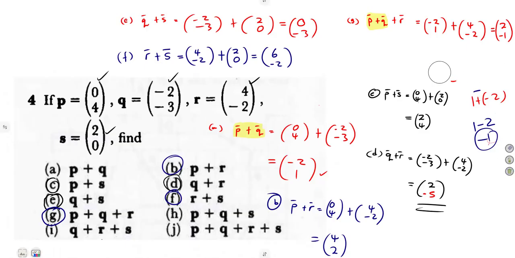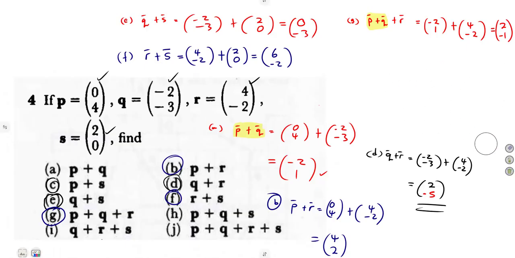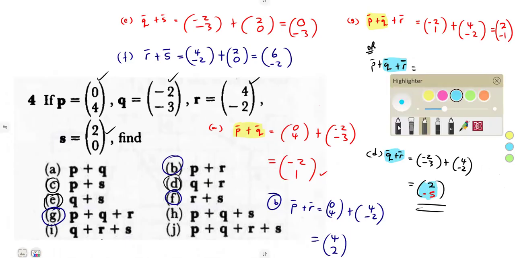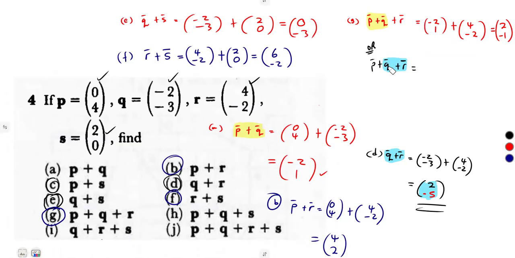All right, but I want us to see something here. For the same vector P plus Q plus R, you can consider any other part that you calculated. If we check properly, we have vector Q plus R. We calculated this and obtained 2, -5. So simply substitute that.